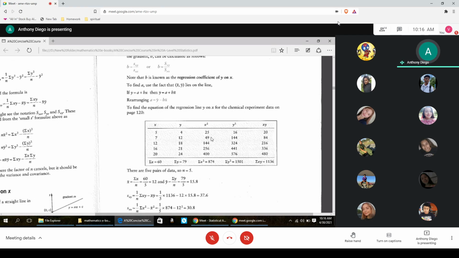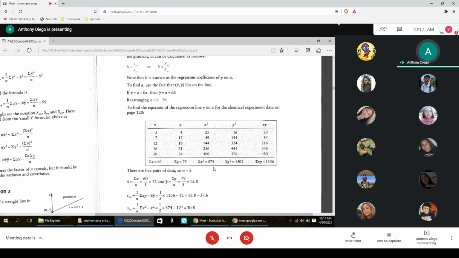Then you need to find x squared, whereby you square all the x values, y squared, you square all the y values, and then the xy. Now, the summation of x is 60 when you add these up. The summation of y when you add these up is 79. The summation of x squared is 874, and y squared. So you're going to have this table.